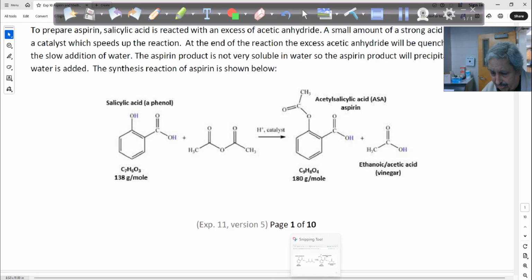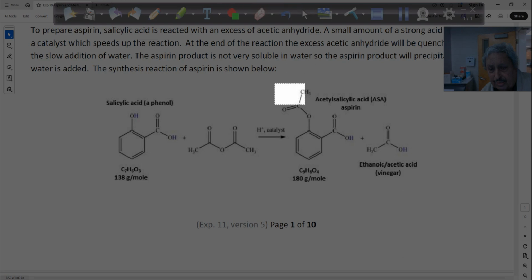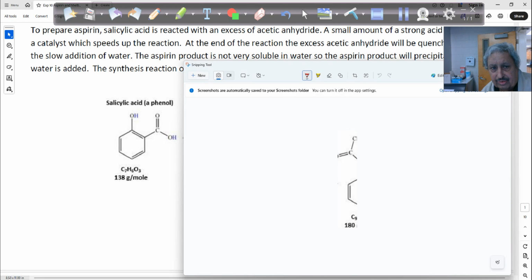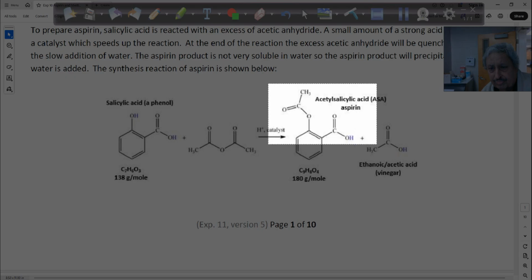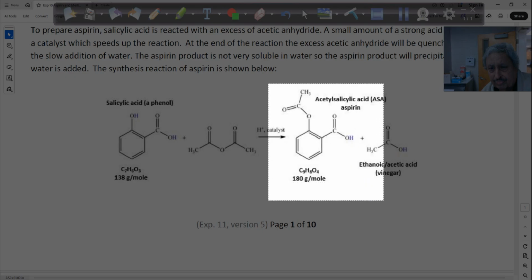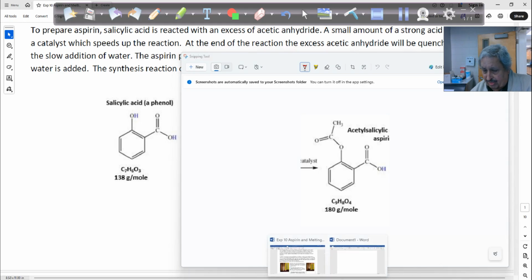Let me take this one here. So if I have this one here and do a second reaction with iron chloride, let me show you what will happen here.